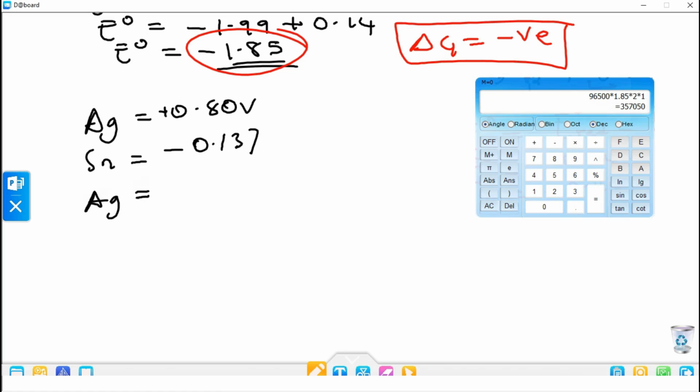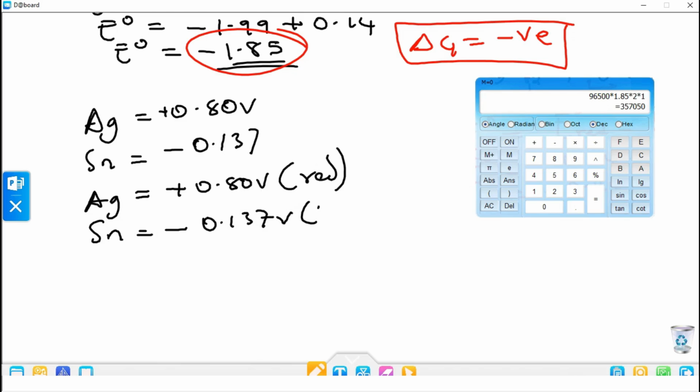Since it is plus 0.8, this is reduction, because the more positive you are, the more likely you are to be reduced. So silver is 0.8 and that makes it reduction, and tin is minus 0.137 volts, that makes it oxidation.